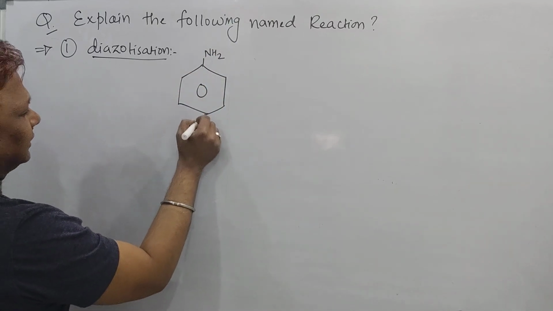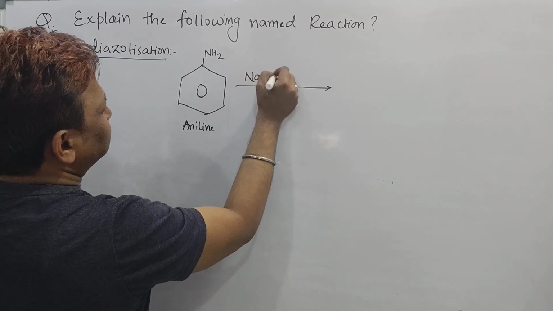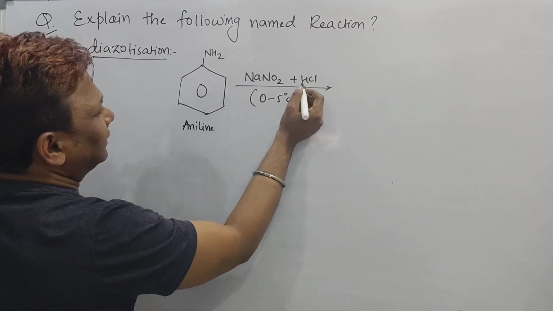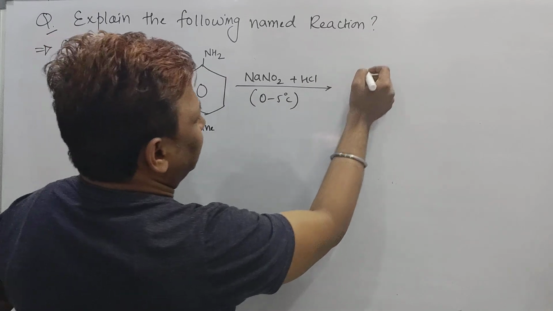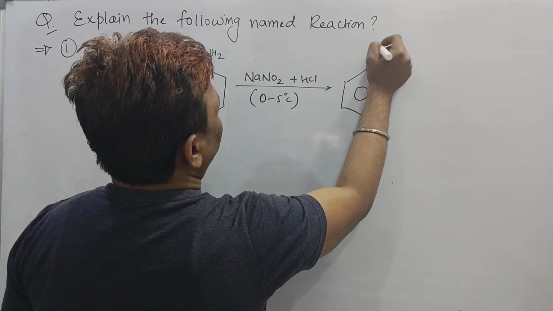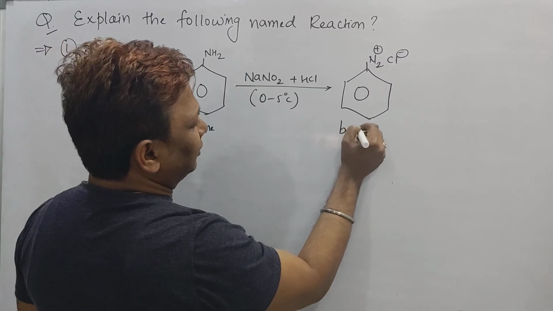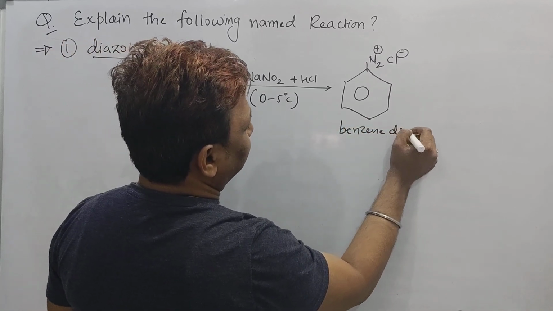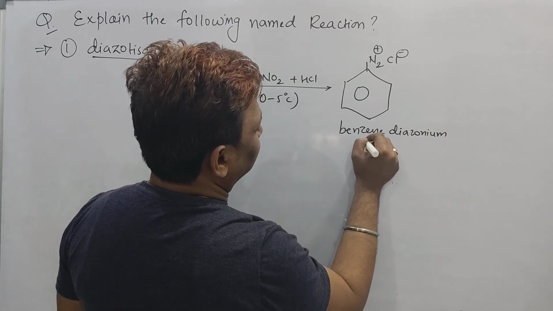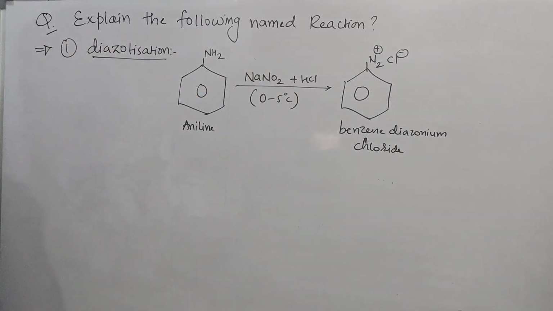Aniline is treated with NaNO2 and HCl at a temperature of 0 to 5 degrees centigrade, and this benzene ring is converted into a benzene ring bearing N2 positive and Cl negative, called benzene diazonium chloride. So aniline is converted into benzene diazonium chloride.